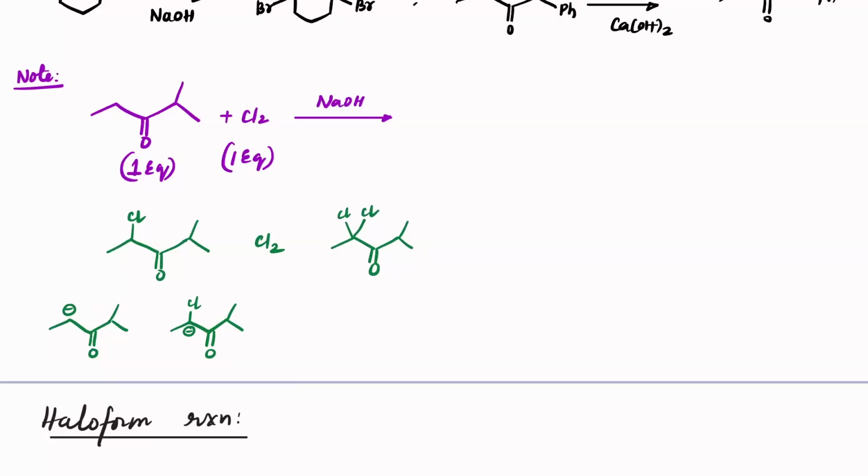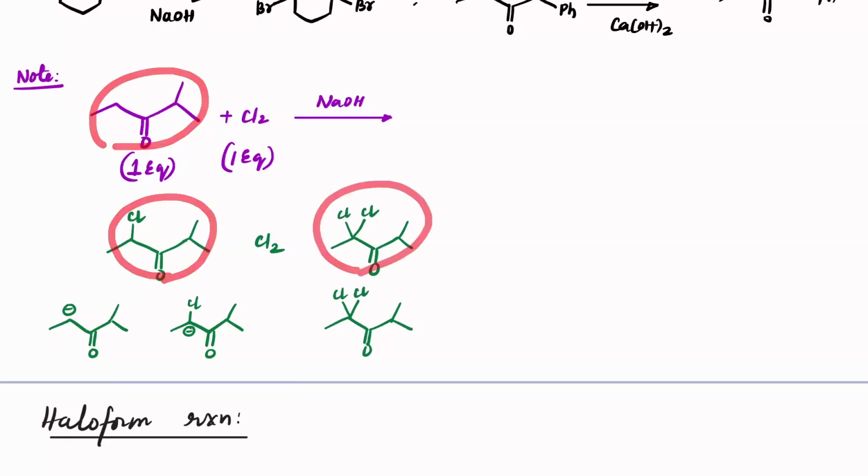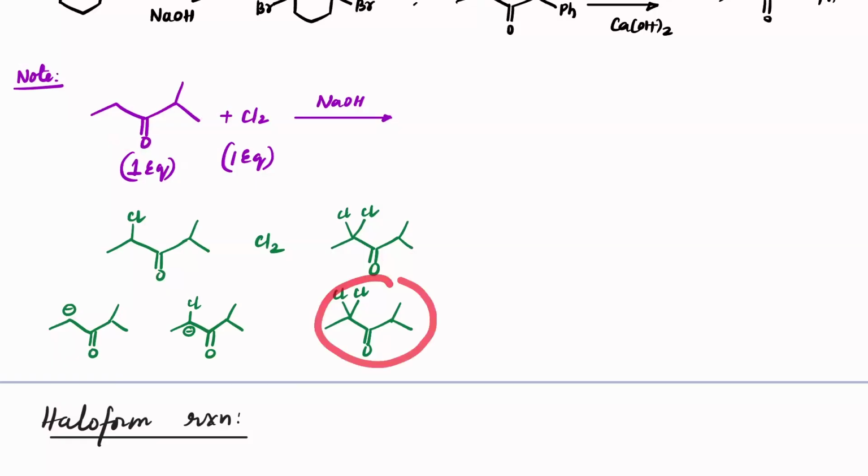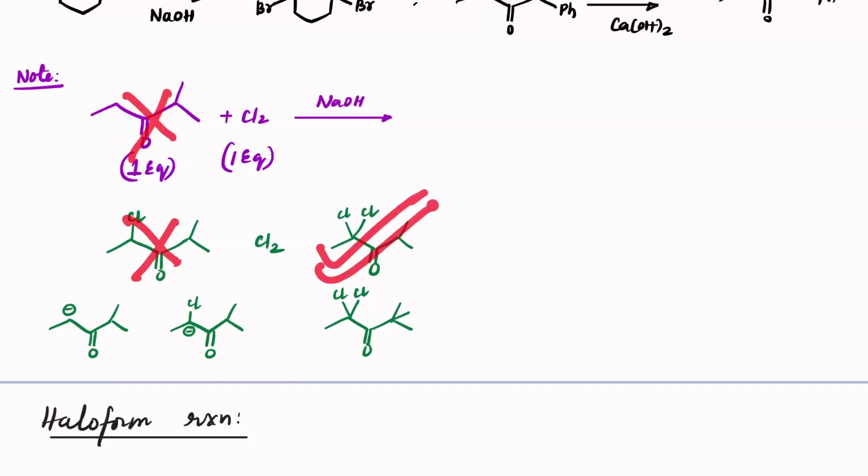Now if you keep doing one more time, the next molecule will not go to these cases, neither here, nor here, nor here. It will go to this position. Hence, now I'll get one chlorine added here.